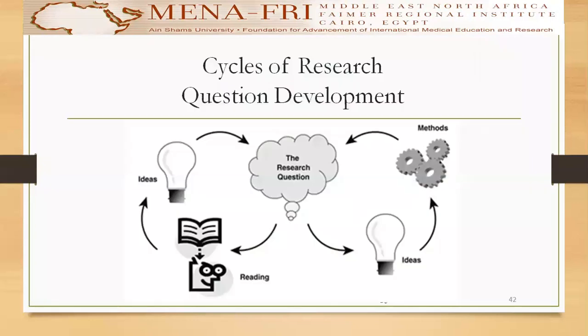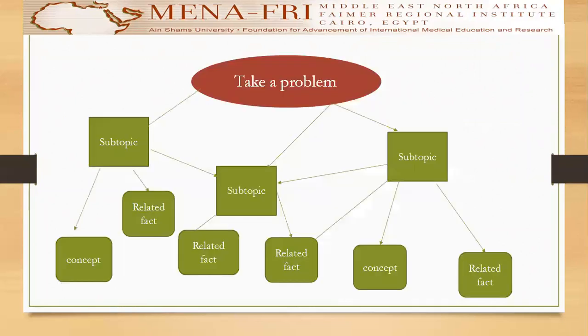So we'll go to how to develop a research question. As you see, it is a circular process, not linear. I will do a mind map on a white paper, and I will write on the paper the main problem, then I will relate it to the subtopic, the related fact.